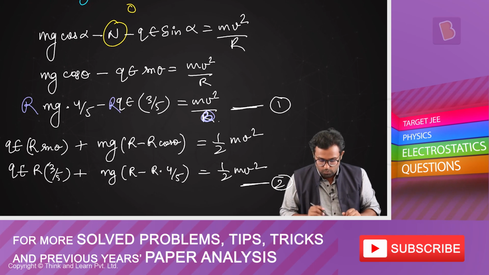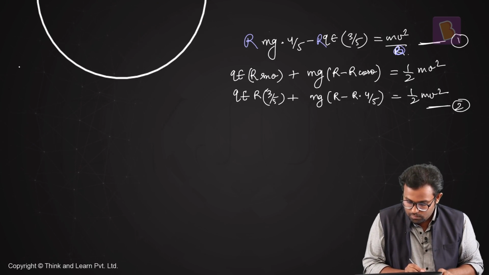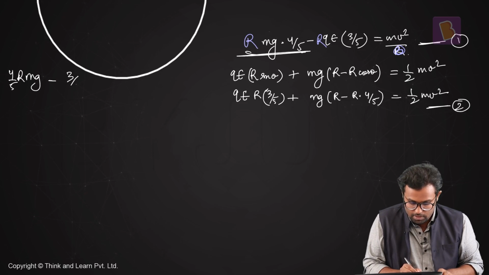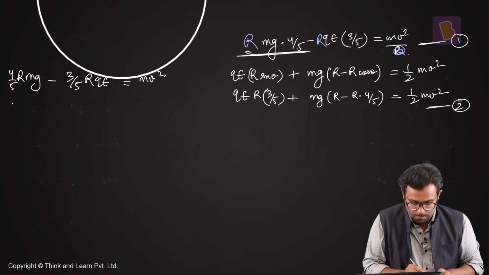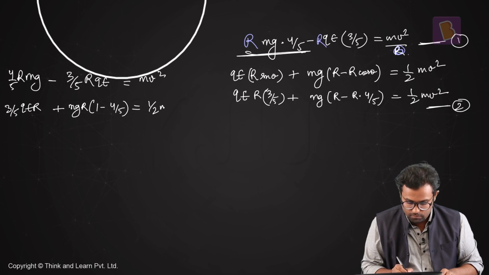When I divide this, I get 4 by 5 r mg from here minus 3 by 5 r QE equals mv square, and from the other expression I get 3 by 5 QE r plus mg r (1 minus 4 by 5) equals half mv square.